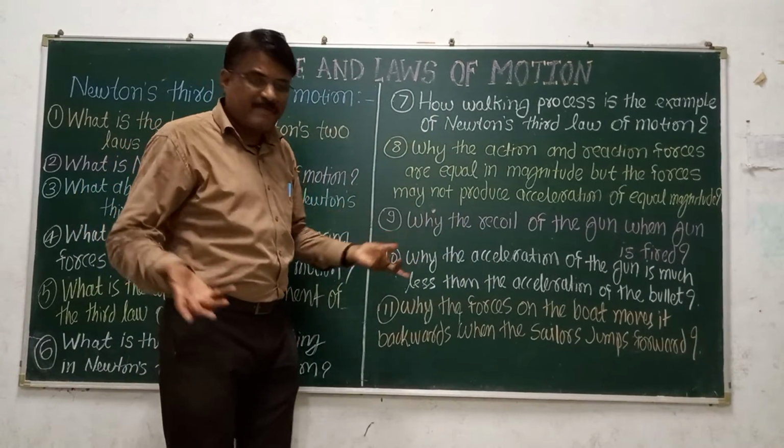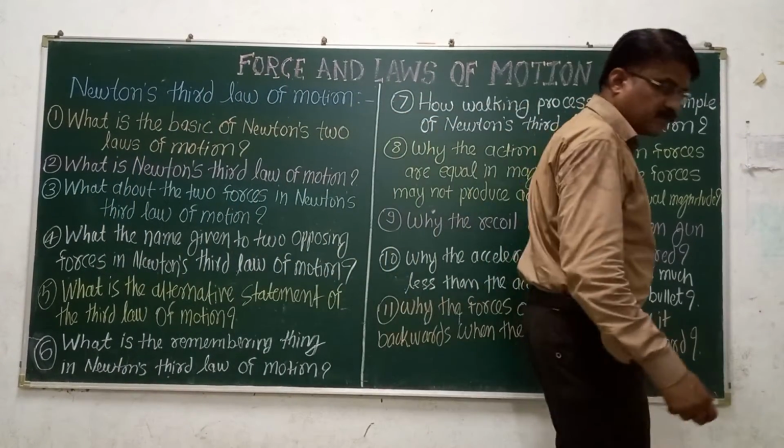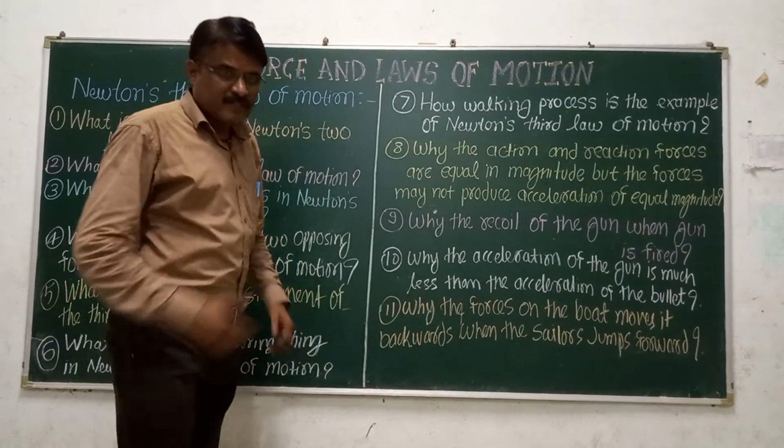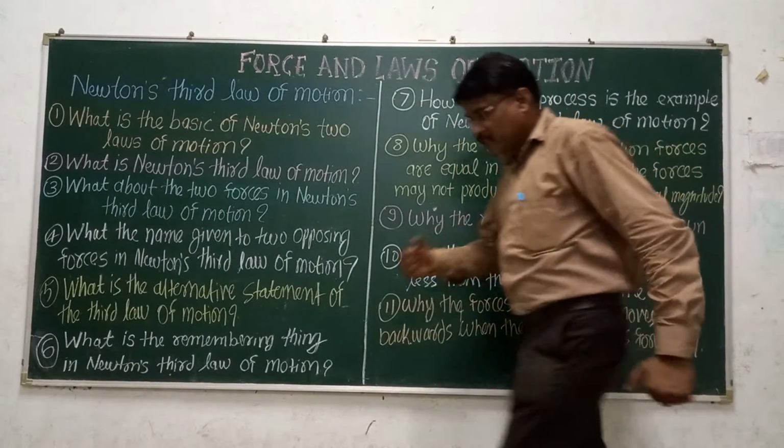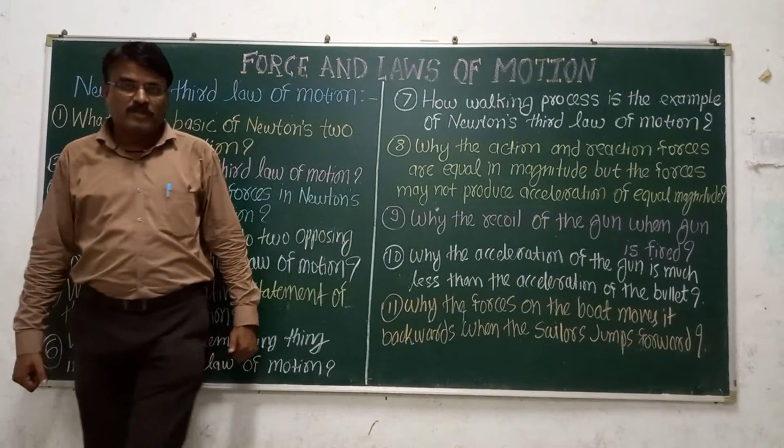Now, how is the walking process an example of Newton's third law of motion? Walking is a general phenomenon. I am walking. This walking is Newton's third law of motion.